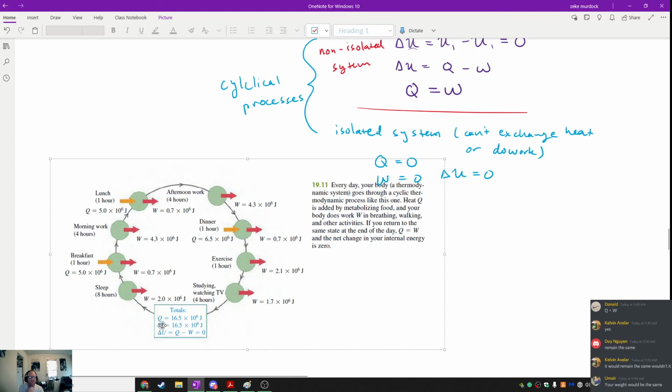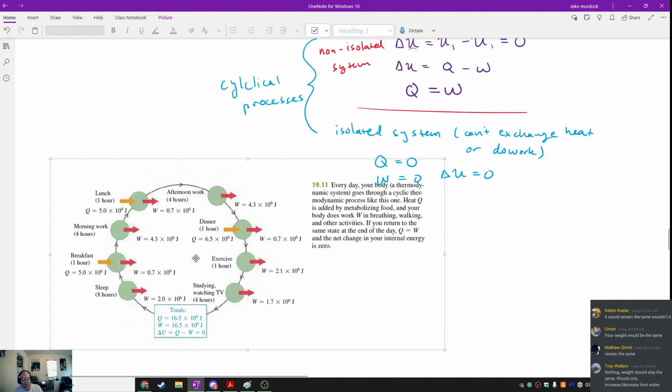Because as we said earlier, you're only going to burn calories or burn fat if delta U is negative, right? You have to decrease your internal energy if you want to lose weight. It is true, Troy, that your weight might fluctuate a little bit, but on average, it's not going to change very much in this case.